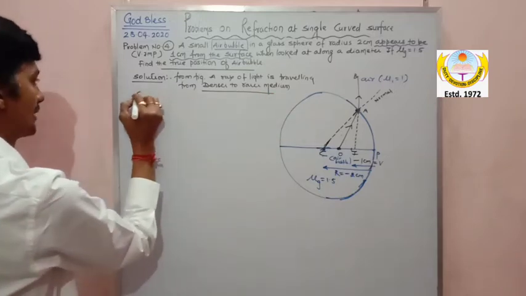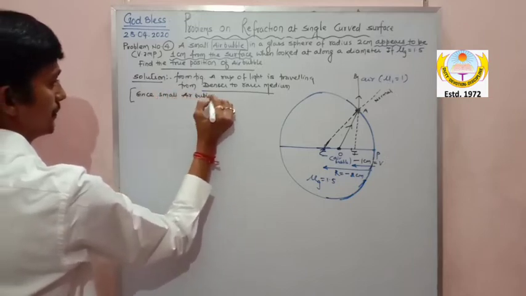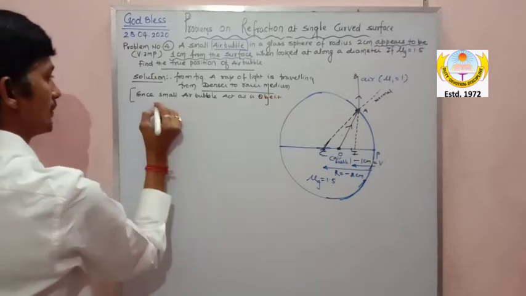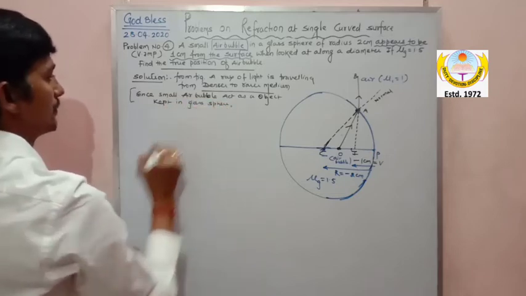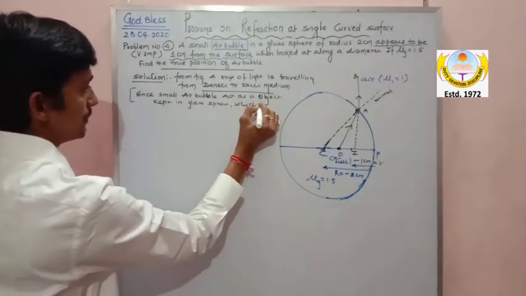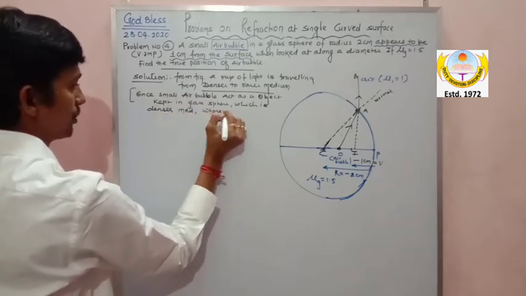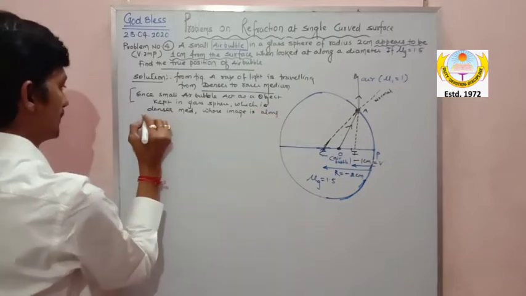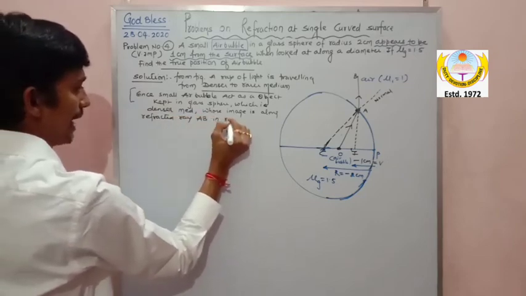Since a small air bubble acts as an object kept in a glass sphere, which is a denser medium, whose image is along refracted ray AB in rarer medium.